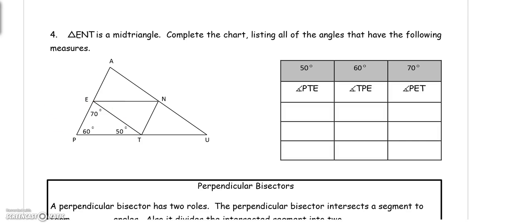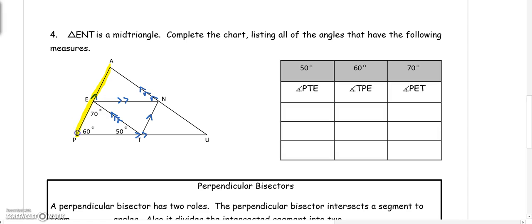The thing to remember is that all of our mid-segments are parallel to the base that they are running the same direction as. So NT is parallel to AP, EN is parallel to PU, and ET is parallel to AU. So using this idea, I'm going to pick two of my parallel sides.